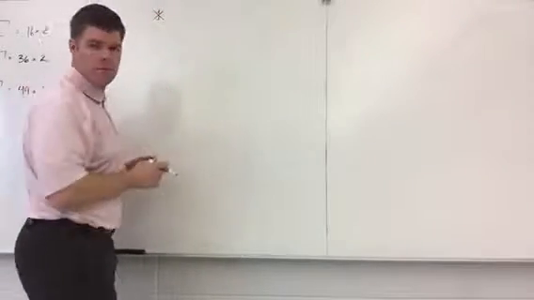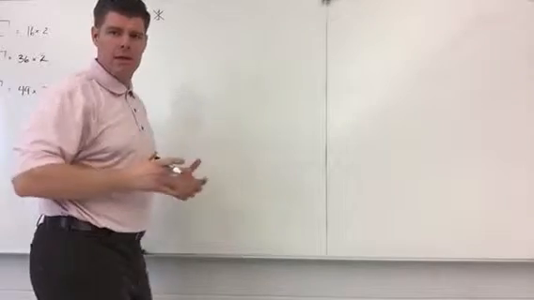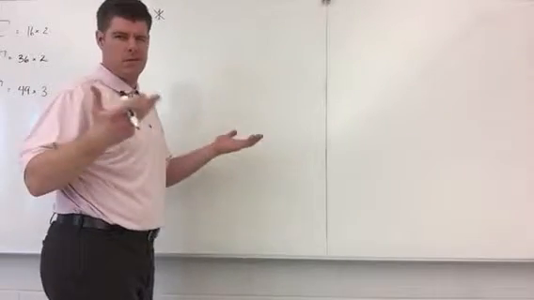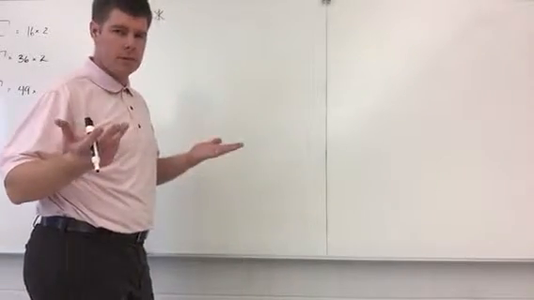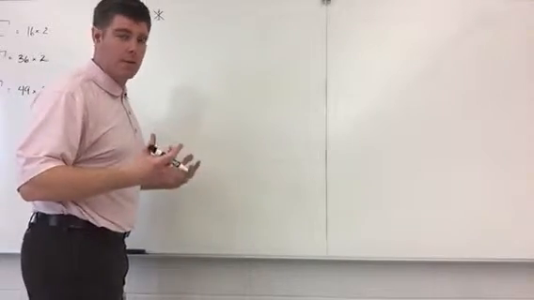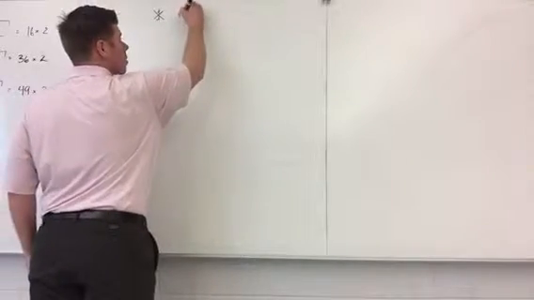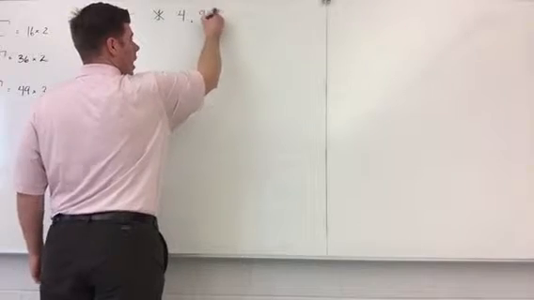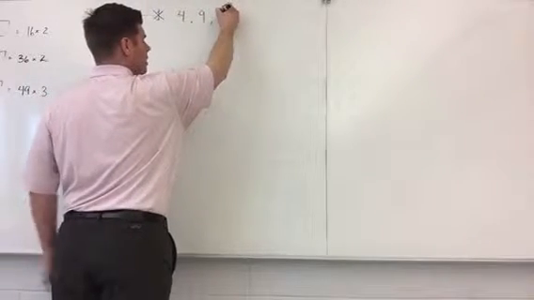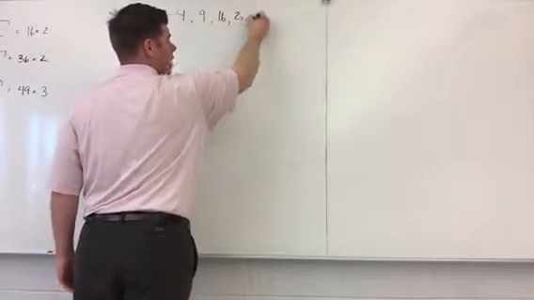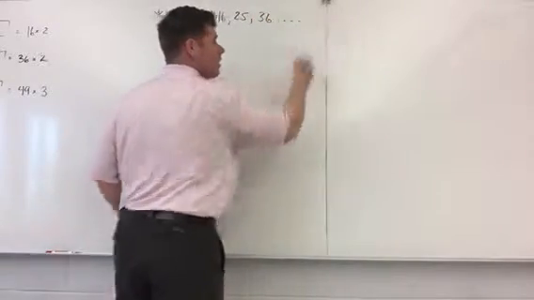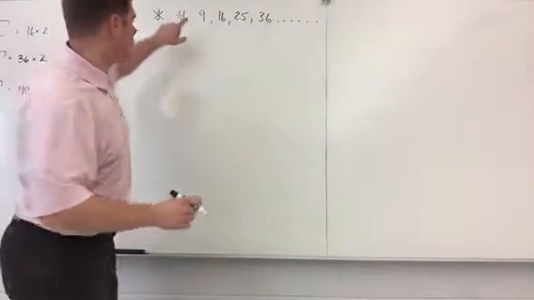We kind of ignore that one because it's the anomaly where the square root of 1 just gives me 1. It's important to know, but we're not going to use it for this video. So we're really interested in 4, 9, 16, 25, 36, and so on. These are all your square numbers.